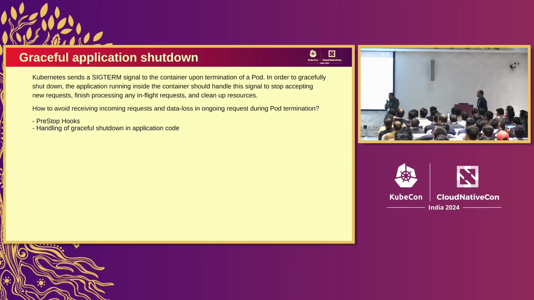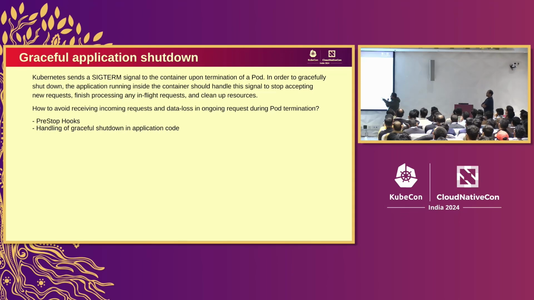Now here two things can happen: either you shut down the application gracefully, or you shut it down abruptly. So what is the recommended strategy? We should shut down the application gracefully, so that we can do the cleanup and handle the in-flight requests properly.